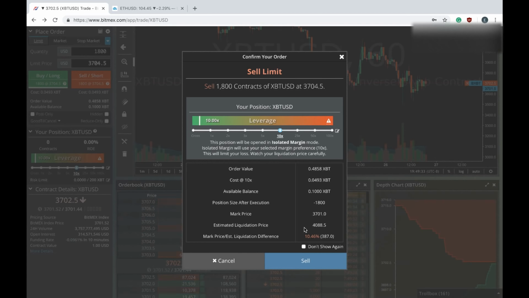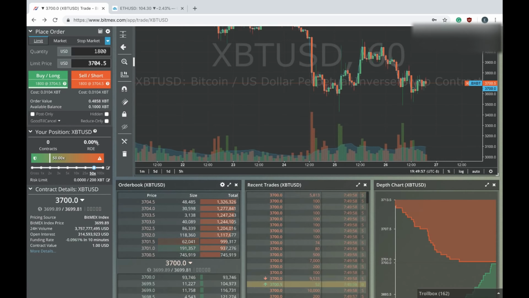So with 10 times leverage, a 10% move in the opposite direction will liquidate you. With 5 times leverage, you'll need a 20% move in the opposite direction to liquidate you. If you're crazy and you're using 50 times leverage, it doesn't even have to move very much at all and you'll get liquidated. So that's why it can be really dangerous.